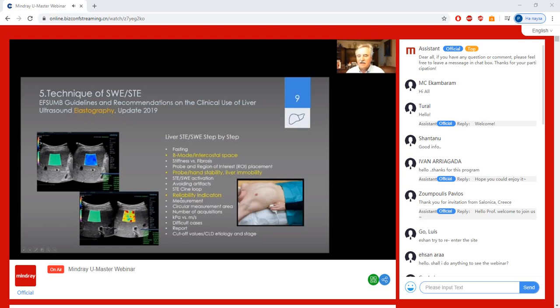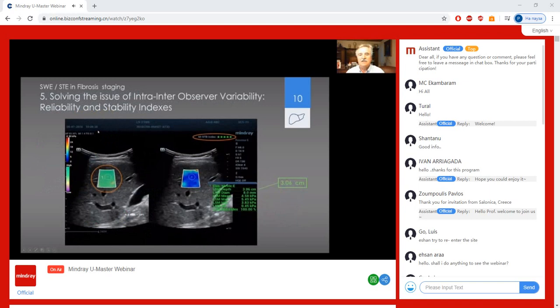There are reliability indicators in order to solve the issue of intra- and inter-observer variability. This is the reliability index. This is a color map helping you place the region of interest in a specific place.